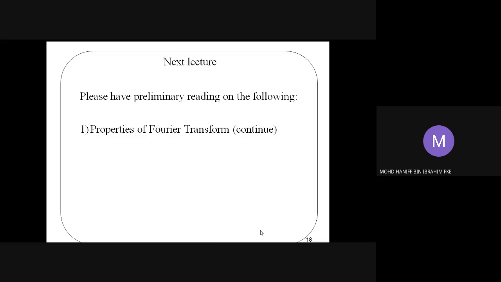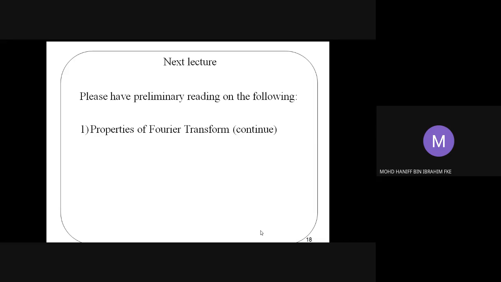We have done lecture 10, in which we covered a few properties starting from linearity. We have done time scaling, time shifting, and finally the properties of frequency shifting and modulation.